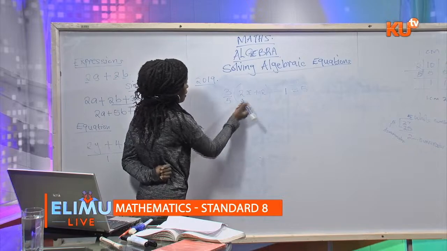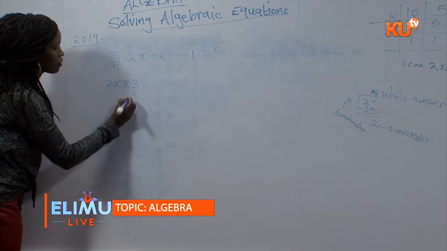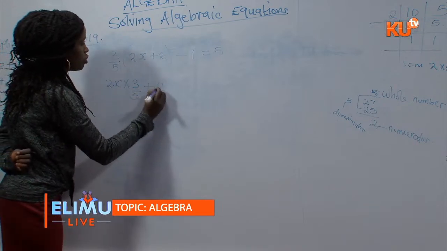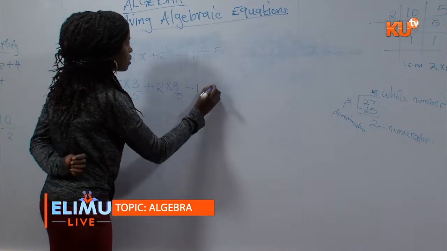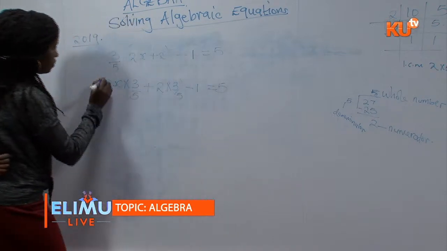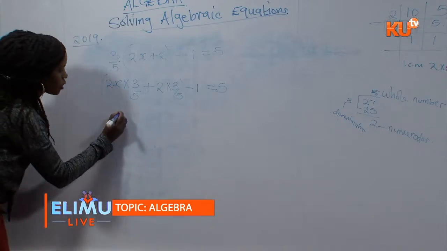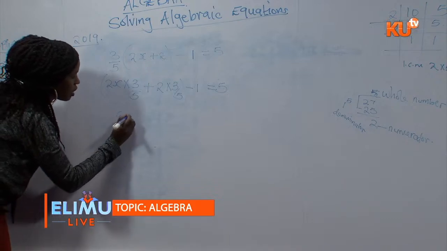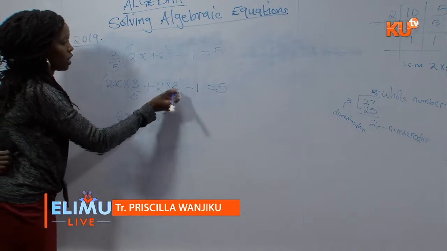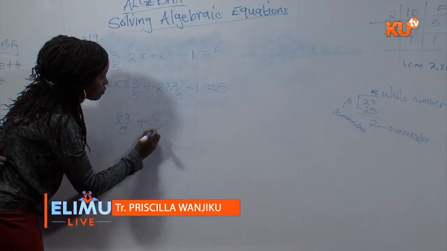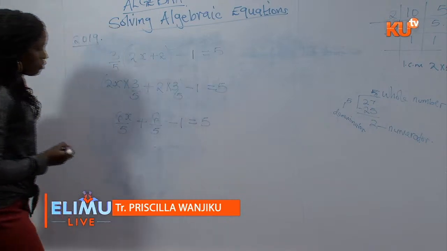That means I'll take 2x, multiply by 3/5, plus 2 times 3/5, minus 1, is equal to 5. 2x times 3, I'm going to get 6x over 5, plus 2 times 3, I also get 6 over 5, minus 1, is equal to 5.